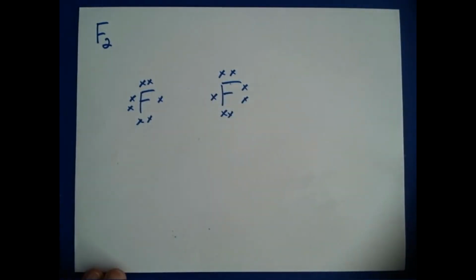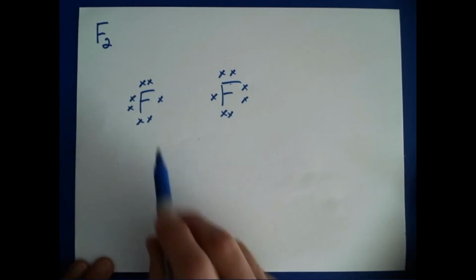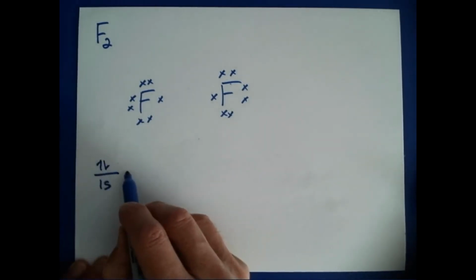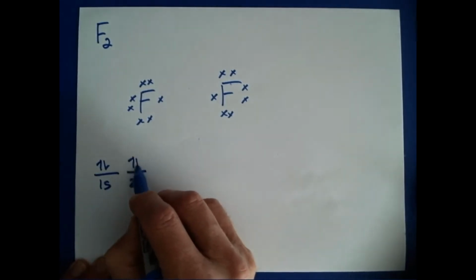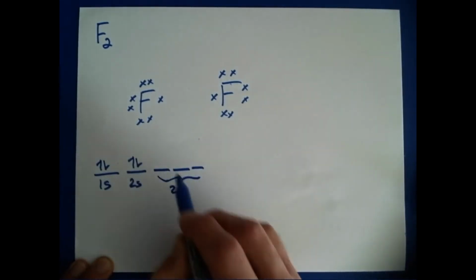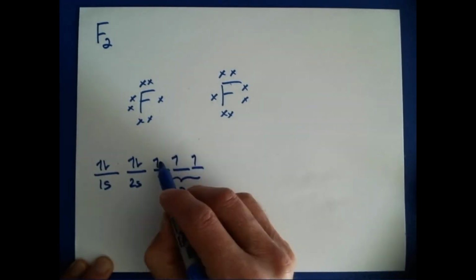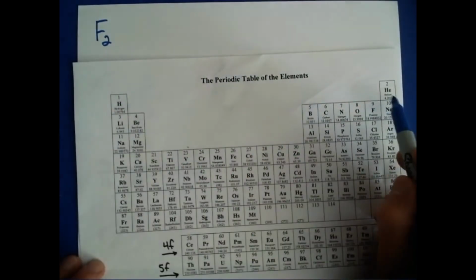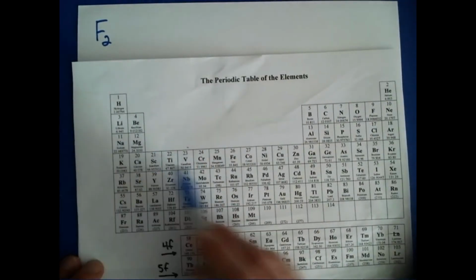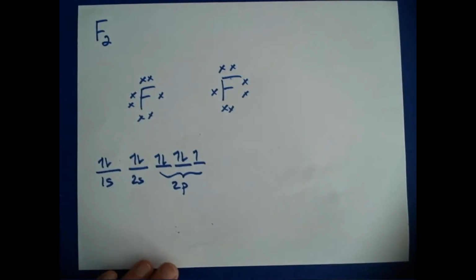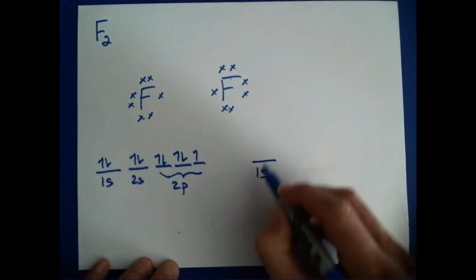I'm going to go ahead and draw the electronic configuration for both fluorine atoms. So that's going to be 1s2, 2s2, 2p5. Of course, we're going to do that for the other fluorine atom as well.